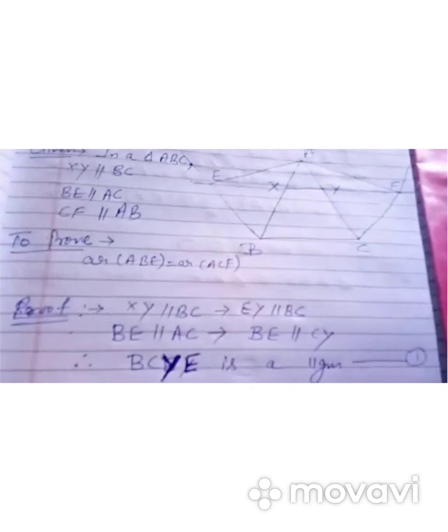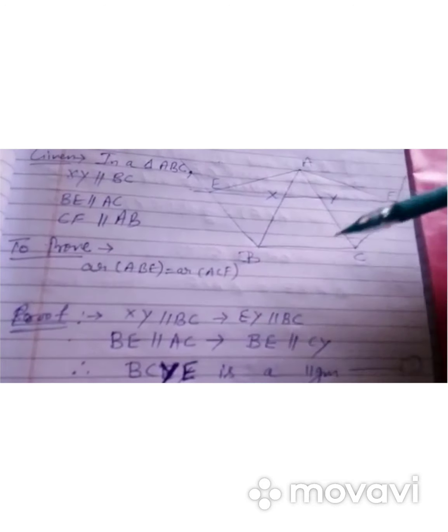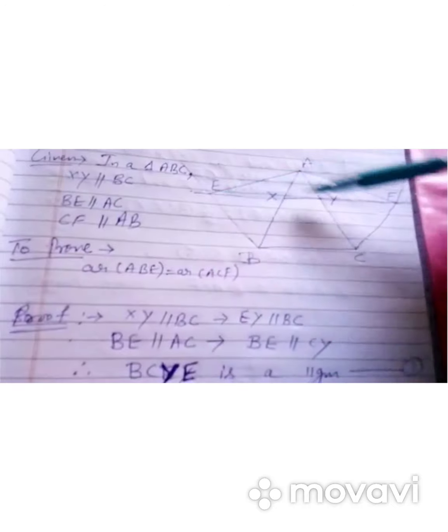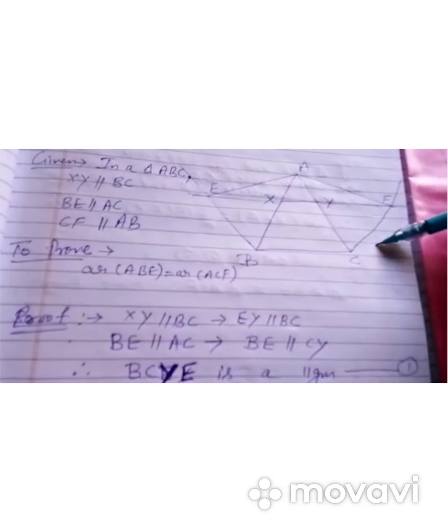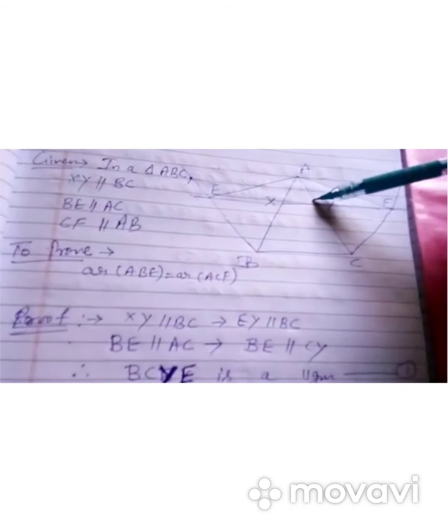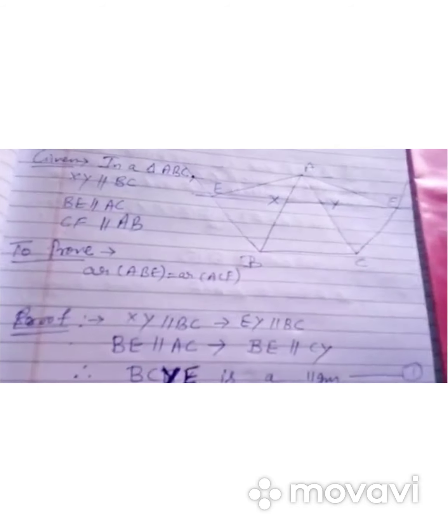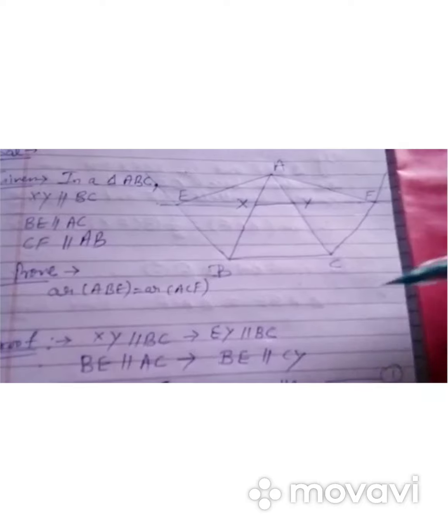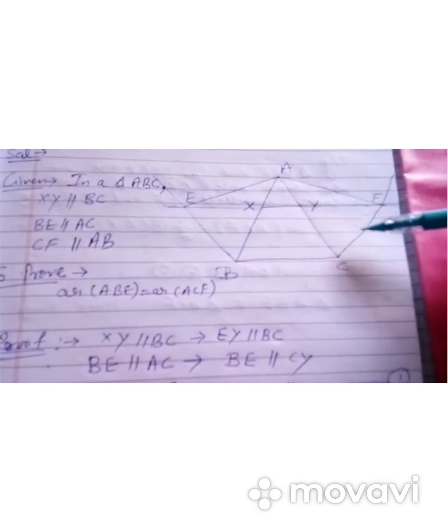Now we have proved EY is parallel to BC and BE is parallel to YC.